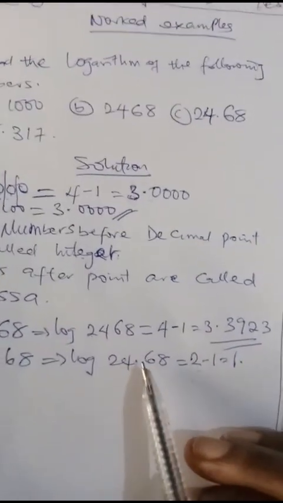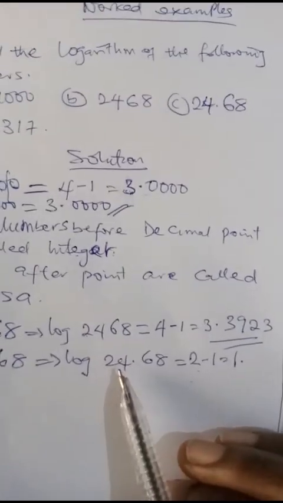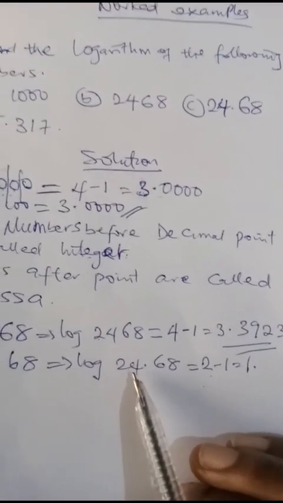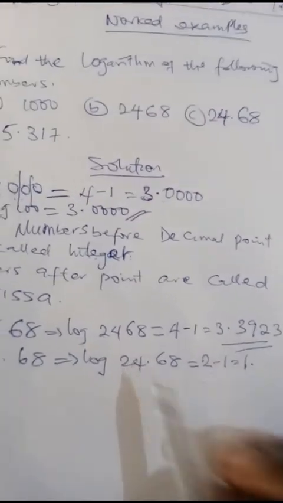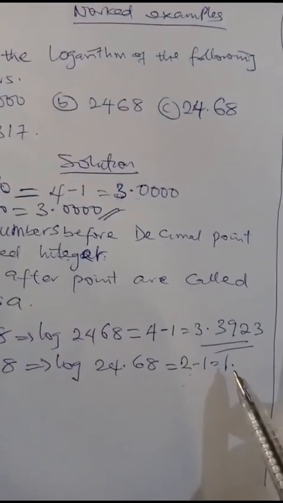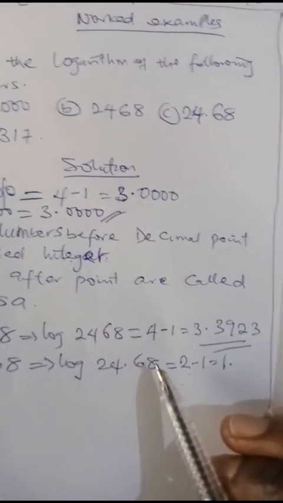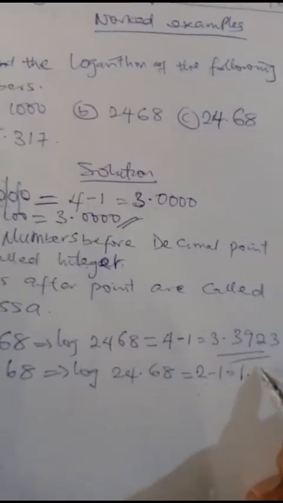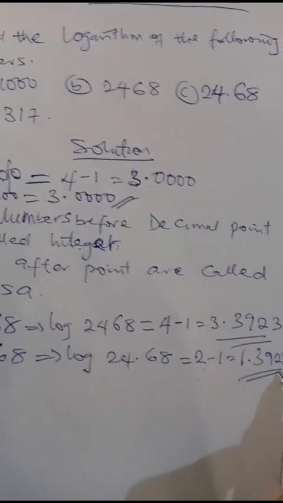Now, when we see the second one, we will see that the integer here is 2. So subtract 1 from the integer, which is 2, which is now 1. To check the table, you check it as 24 under 6 difference 8, which is the same thing as 3923.